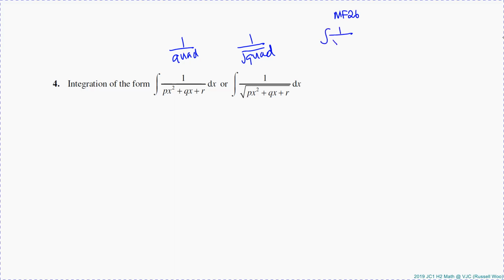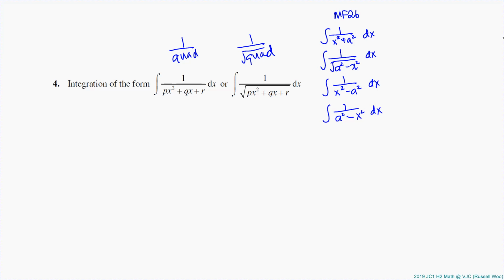Integrate 1 over x squared plus a squared. Integrate 1 over square root of a squared minus x squared. Integrate 1 over x squared minus a squared. Integrate 1 over a squared minus x squared. These are the 4 in the formula list.